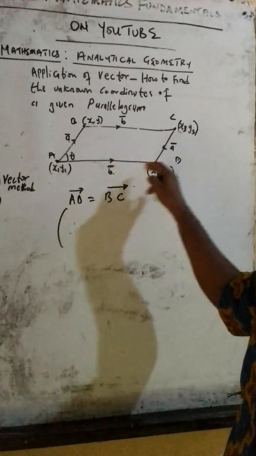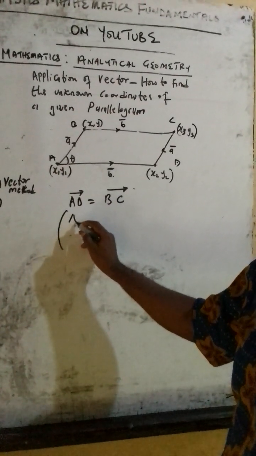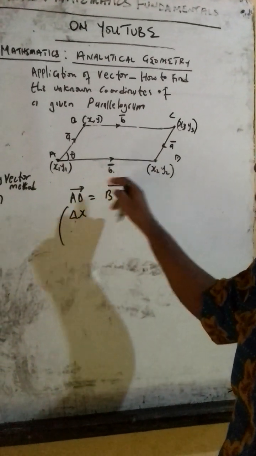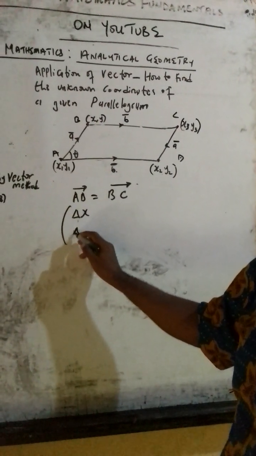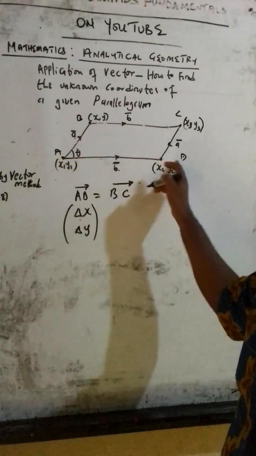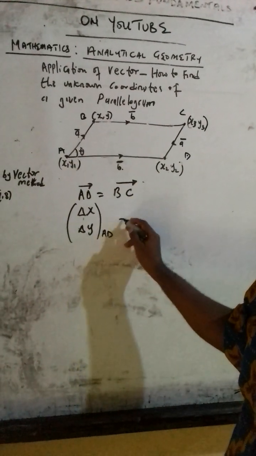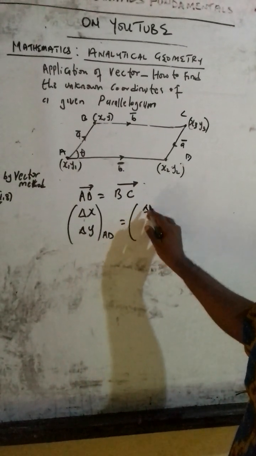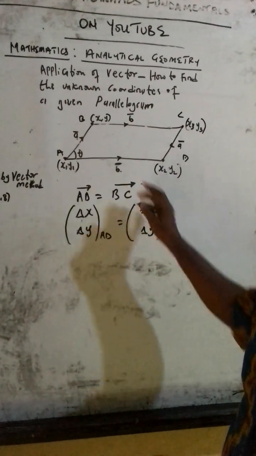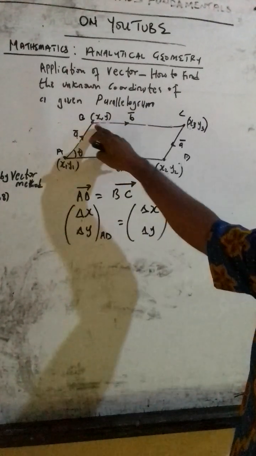So we take the difference in the coordinates x, that's the abscissa, then the difference in coordinate y, that's the ordinates. We say this is equal to the difference in the abscissa and the difference in the ordinates of this other side, vector BC.